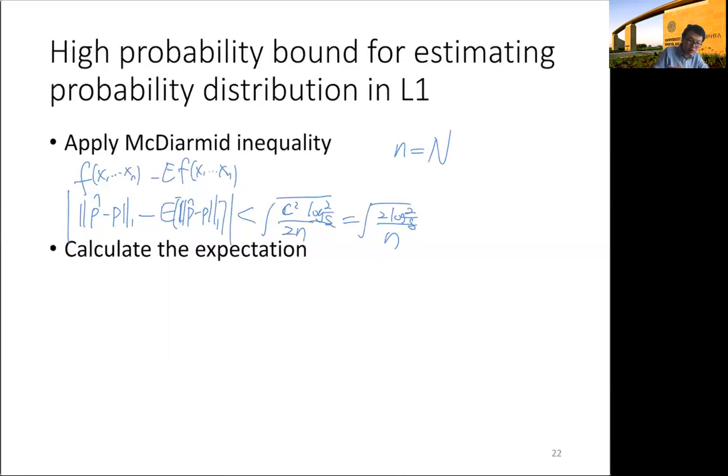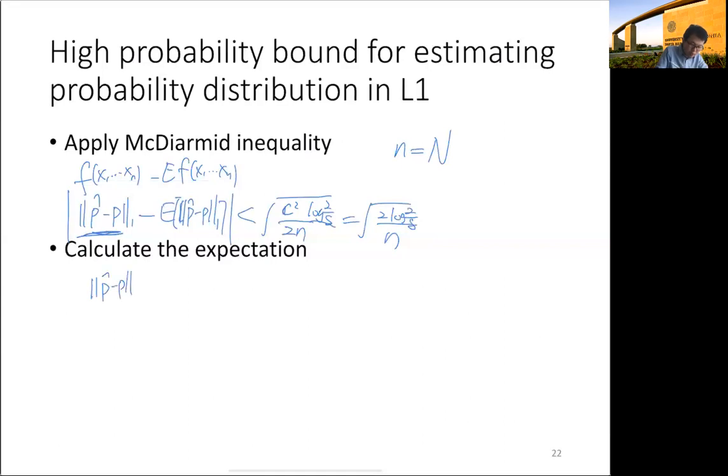Okay, so I'm basically applying the McDiarmid inequality, which I showed you how to, but this doesn't quite solve our problem yet, right? Because we want this to be small, but what this is saying is that this is close to its mean. So it requires us to further calculate the expected value of this bound, right? So how do we go about that?